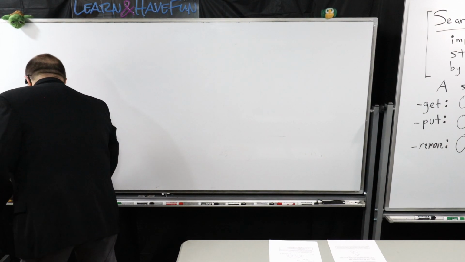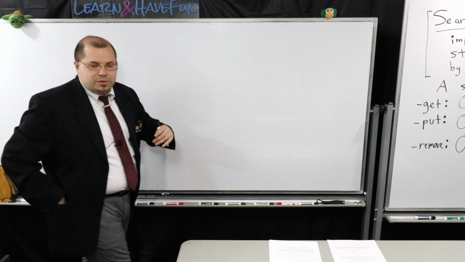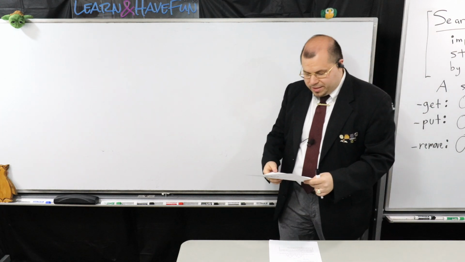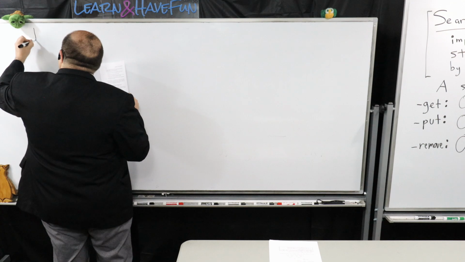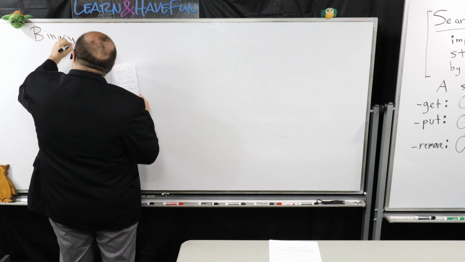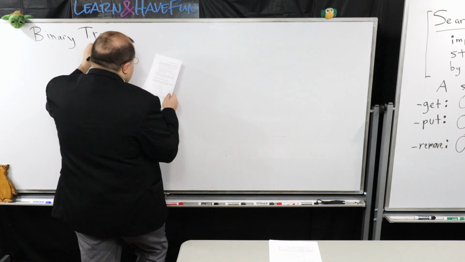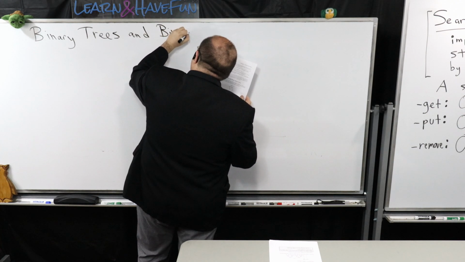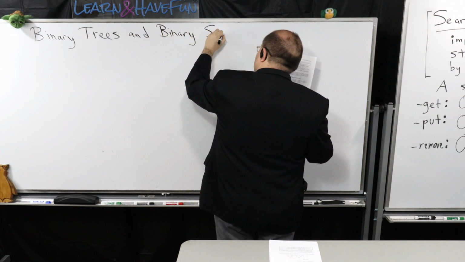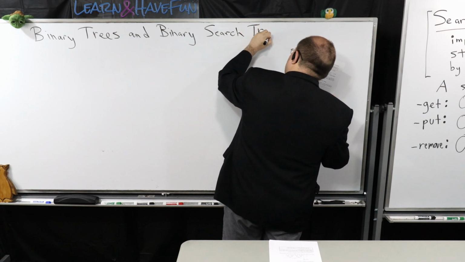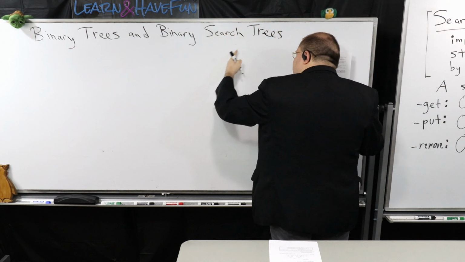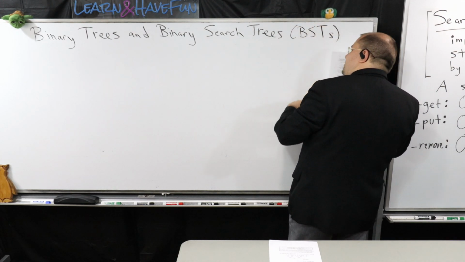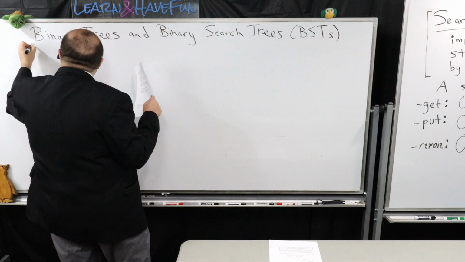So that when we get to the binary search tree, everything should be clear as day, and also you'll know some things more about binary trees, and specifically what we call proper binary trees. So we're going to talk about binary trees and binary search trees. That's going to be the main topic for today, which I'll abbreviate as BST very often. So we're going to talk about these a lot today.